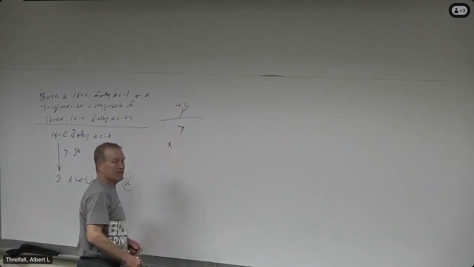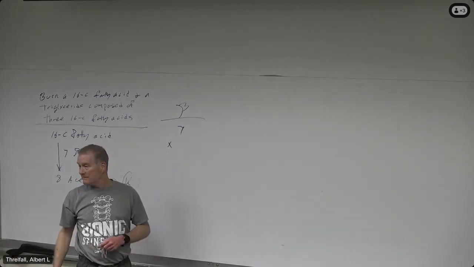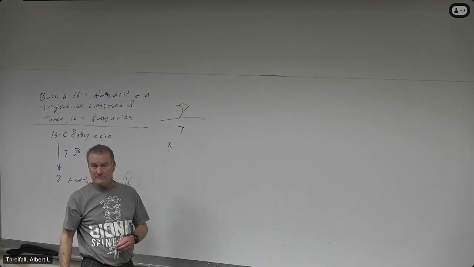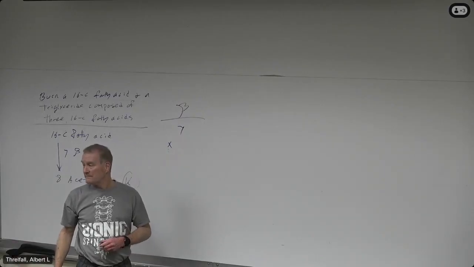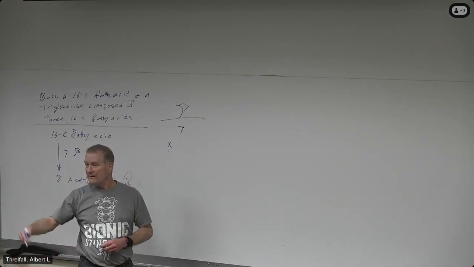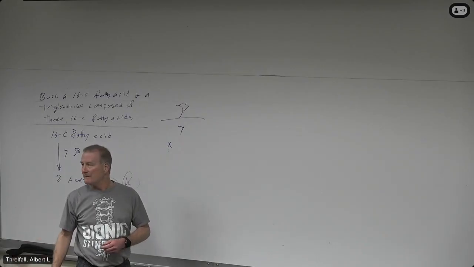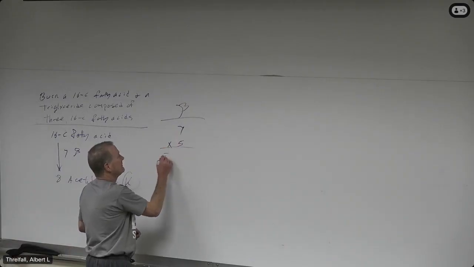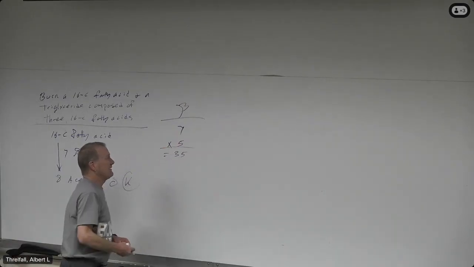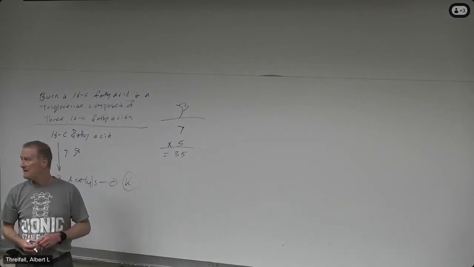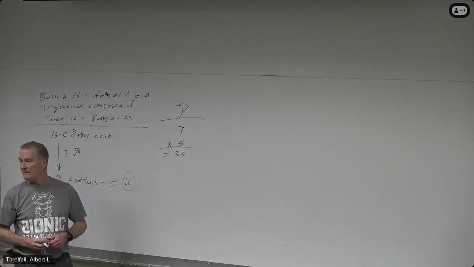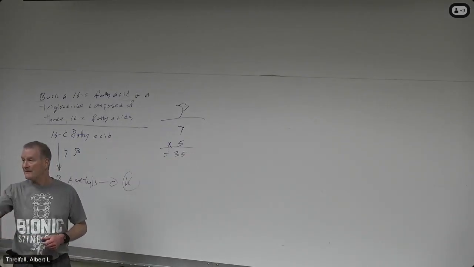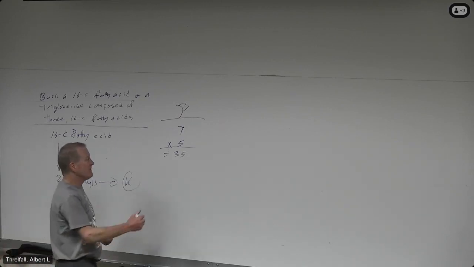What's each one worth? What do you see in your notes, guys? You just wrote it down. 5. So do we get 35 ATP from beta oxidation? We have to subtract 1 to energize the molecule.